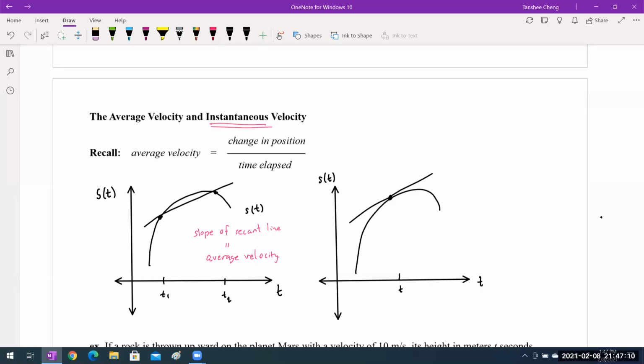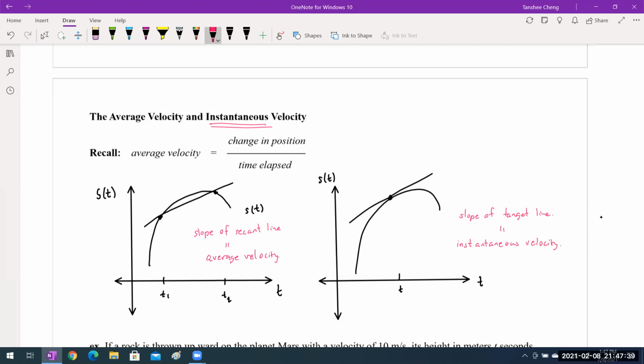The slope of the tangent line can simply be interpreted as the instantaneous velocity at a particular point.